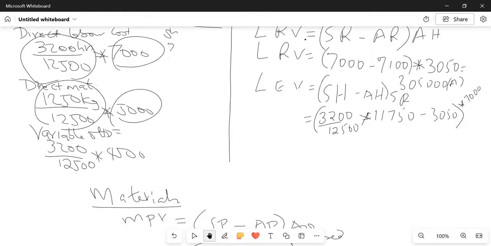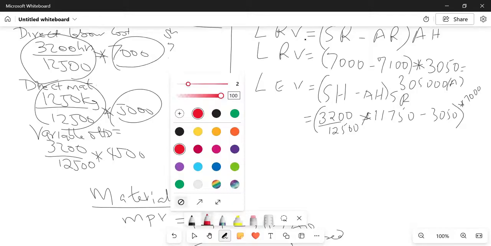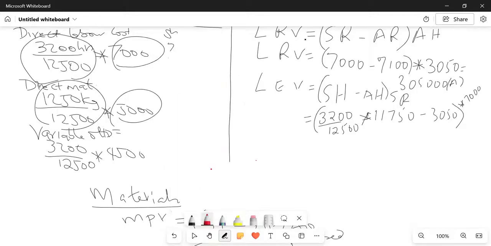Let me give you a secret. These ones are standard hours, and this is the standard variable overhead per hour. These are kgs, what we call the standard quantity per unit, and this is the standard price.